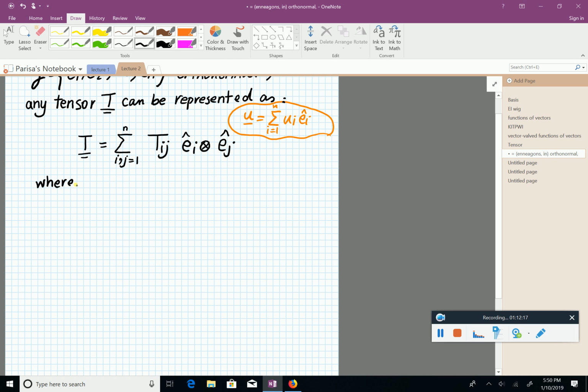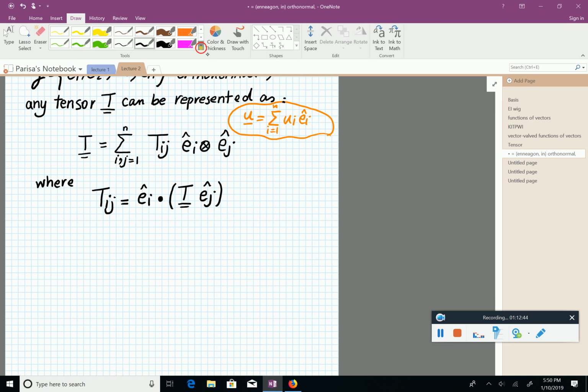And that's super important. The component ij we can get by the dot product of e_i with the action of the tensor on e_j, which we said we write like this.